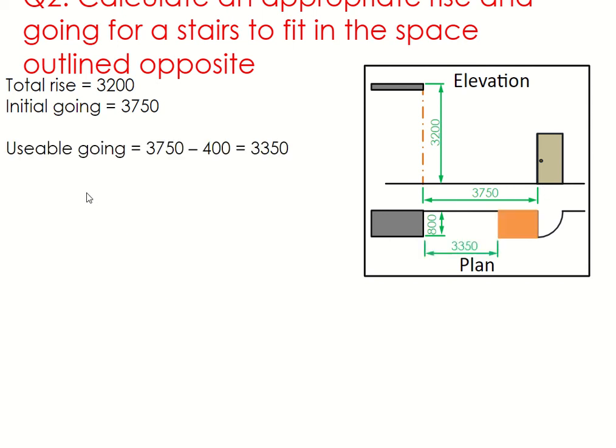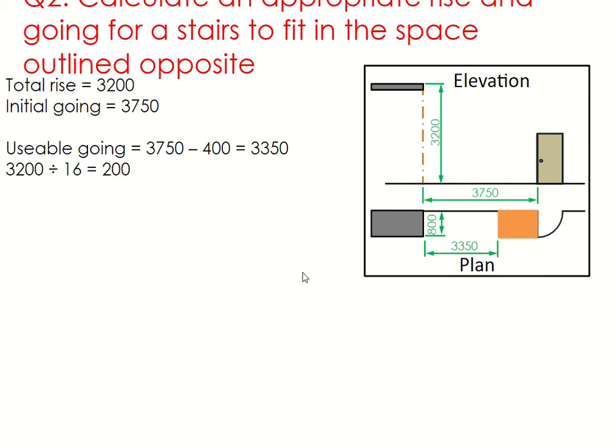Now we need to remember, from one of the slides I showed you earlier, maybe on page 117, question 16, if there's a door area, we need to leave a space of at least 400, because if someone's coming down the stairs and someone opens the door, you can have a collision. So out of our usable going, which is 3,750, we need to take 400 away. That leaves us with 3,350 to work with.